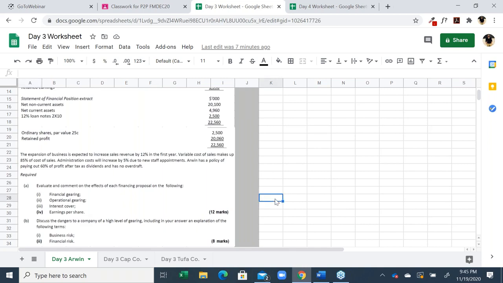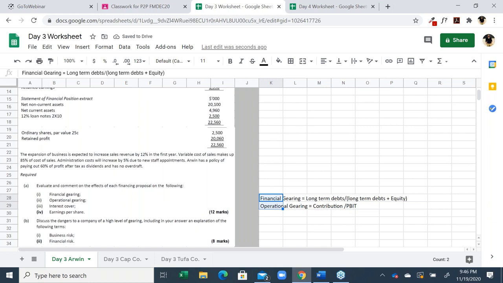Let me write the formulas for each of these four in case you don't know. Financial gearing will be equal to your long-term debts, including preference shares, divided by the sum of your long-term debts, including preference shares, plus equity. That's financial gearing. And operational gearing, which shows business risk, is contribution divided by profit before interest and tax.